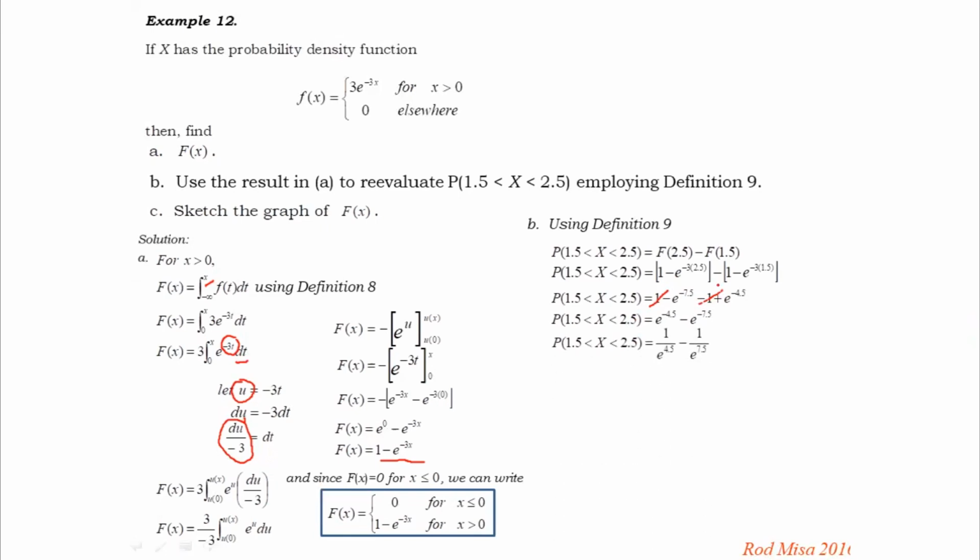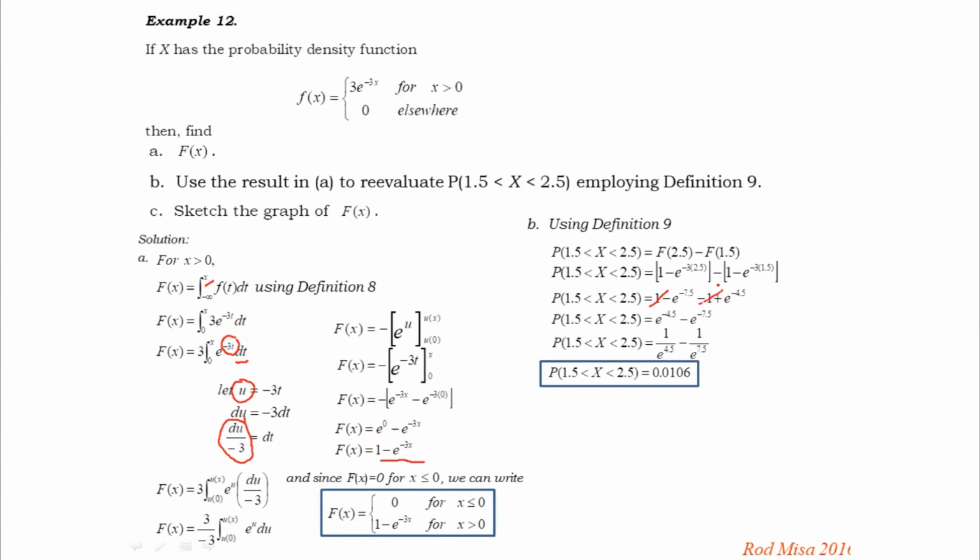So we have 1 over e to the power 4.5 minus 1 over e to the power 7.5, by taking the reciprocal of these expressions to make the exponents positive. Computing this using your calculator, we have the probability value of 0.0106, where you can check that this is the same answer for the same probability when using the cumulative distribution function. Because in the previous example, we used not the cumulative distribution function, but the probability density function.